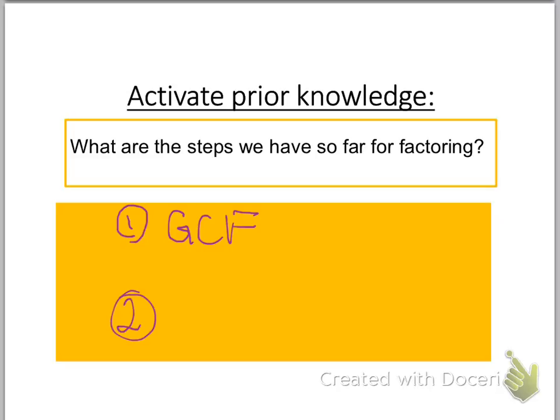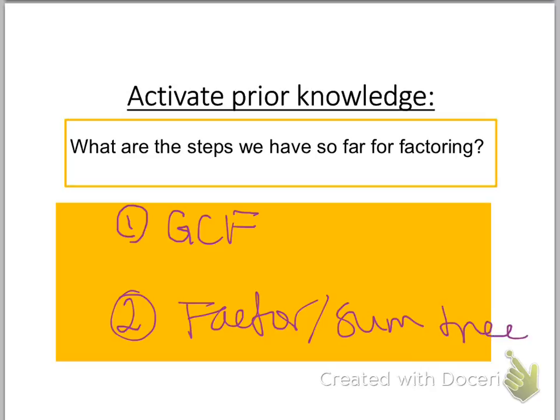The second thing that we learned was to use a factor sum tree. Now, between GCF and factor sum tree, occasionally there's a middle step. And that middle step, we're going to call 1.5, is to group. So we're going to take a look at this today.